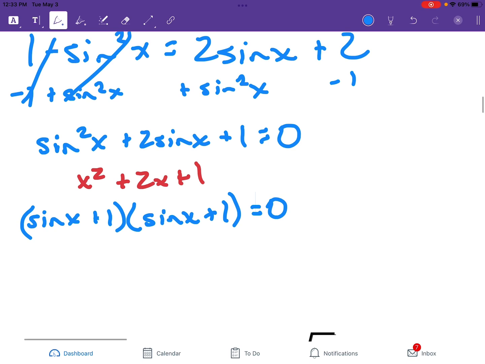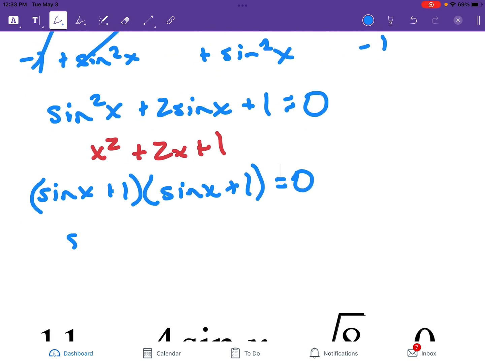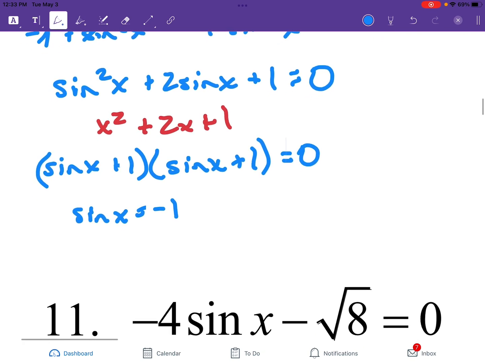The two factors are the same, so I just need to solve for one of them. Sine of x is equal to negative 1, and I find that value on the unit circle. There's only one spot where sine of x is negative 1, and that's at 3 pi over 2.